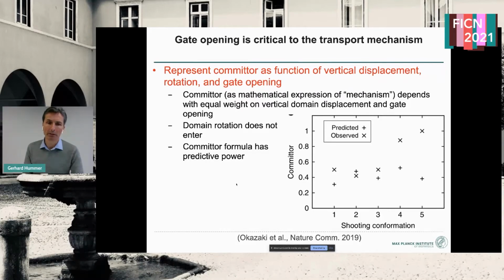And actually, in an optimized committor representation that used as possible inputs vertical displacement, angular tilt, and gate formation, we found that we did not need to include the angle of the tilt, which is consistent with the picture I had shown you before, but gate formation was as important as an indicator of the state with respect to the commitment as was the vertical displacement.